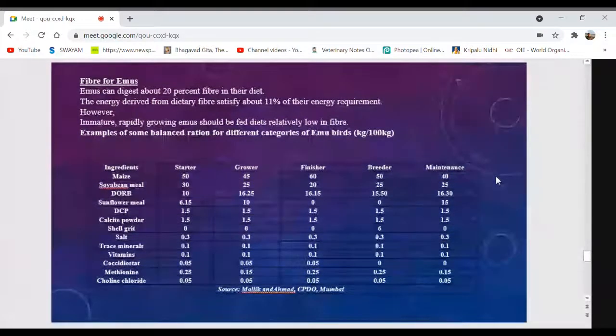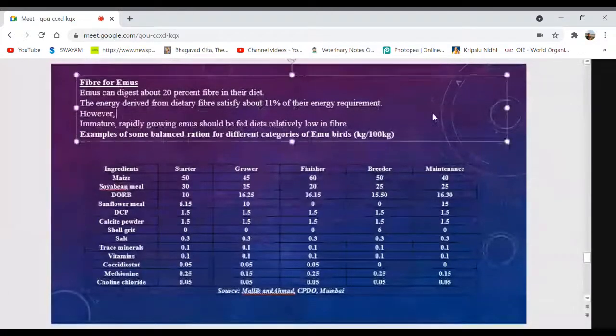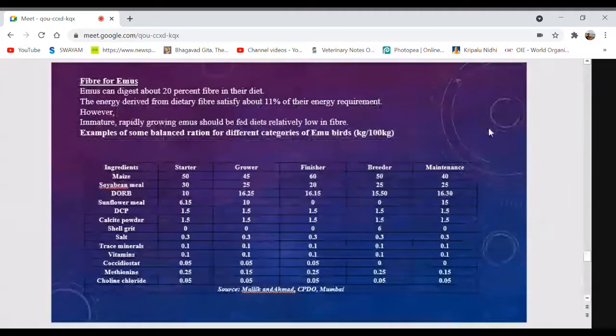The energy derived from dietary fiber satisfies about 11% of their energy requirement. That 11% may be fulfilled by roughages. Roughages means vegetables, fruits, grass, tender leaves of plants.